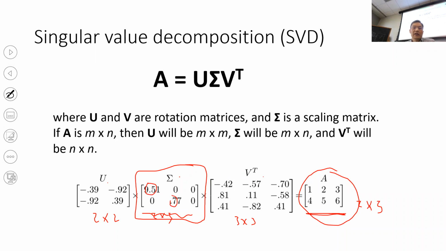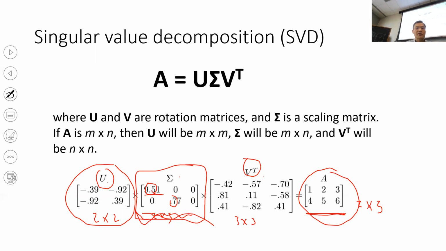U and V are called transforming matrices. Basically, they rotate your system. You can consider this 2 by 2 matrix as a rotation matrix, and this 3 by 3 V transpose matrix as a 3-dimensional system to do the rotation. Well, the one in the middle does scaling.